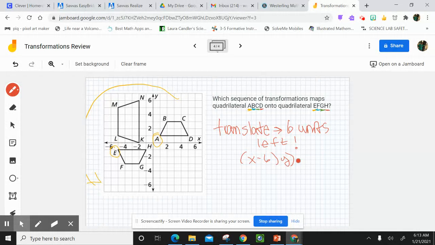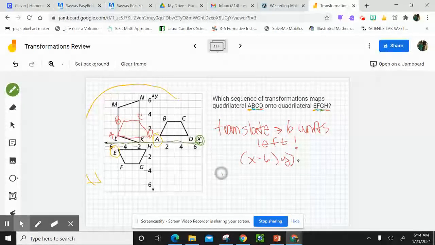So now I would have this figure right here, A, B, C, D. Now I can see, oh, look at that. Right in between those two, I have the axis.